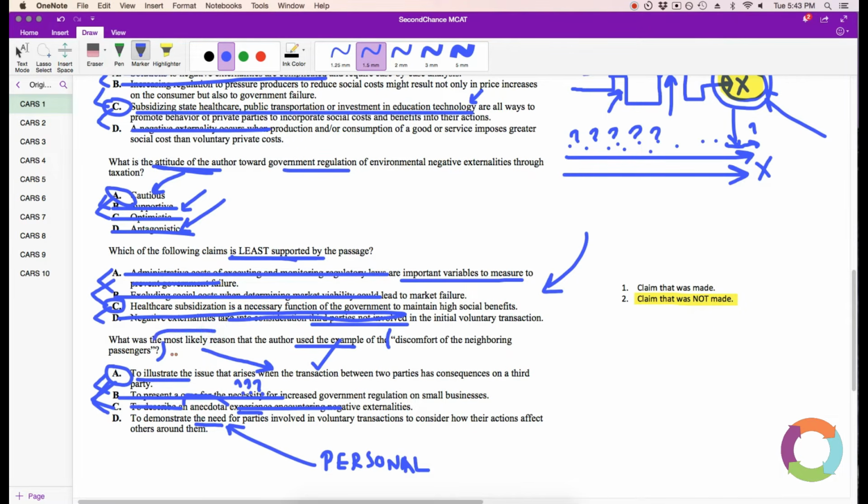But in terms of what was the most likely reason, we have to have specific proof from the passage. So just because you might have felt that oh wow, maybe I should consider how my actions affect others around me, just because you felt that doesn't mean that's the most likely reason why the author used the example. The most likely reason, the one that we have the most support for, is very simply to illustrate or support the claim made in the previous sentence.